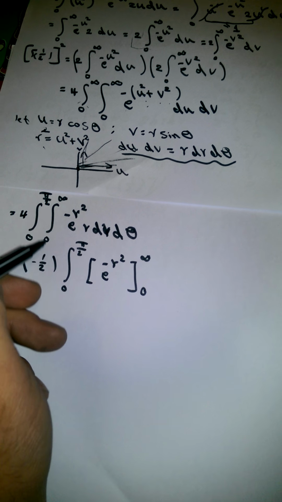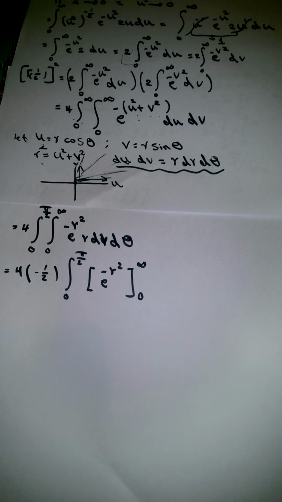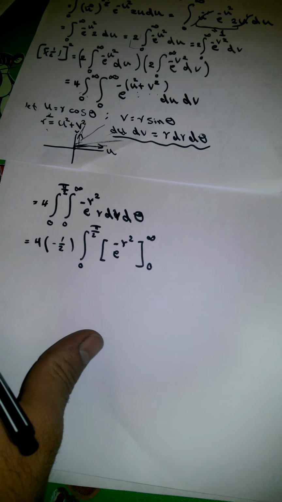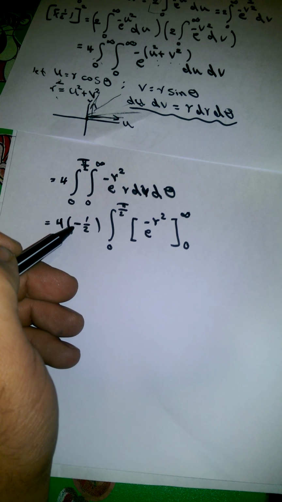These boundaries are these two. This minus 1 over 2 is what?